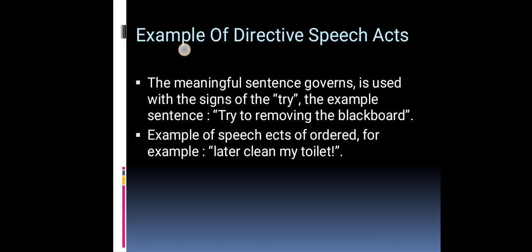As the following example: please pay attention, everyone. This speech was said by a teacher to his students when the classroom looked very noisy. This type of speech acts includes the type of action, speech act request.